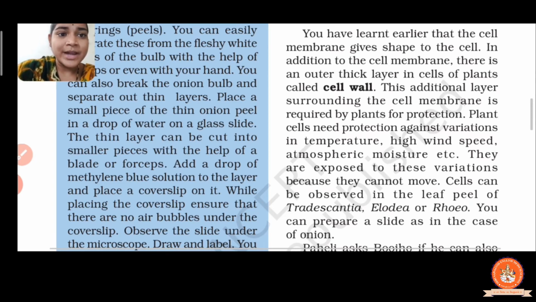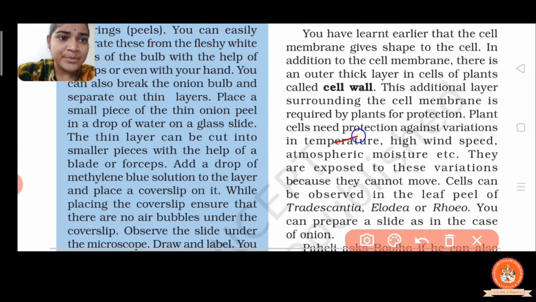And plant cells need protection against variations in temperature, high wind speed, atmospheric moisture, etc. And they are exposed to these variations because they cannot move.